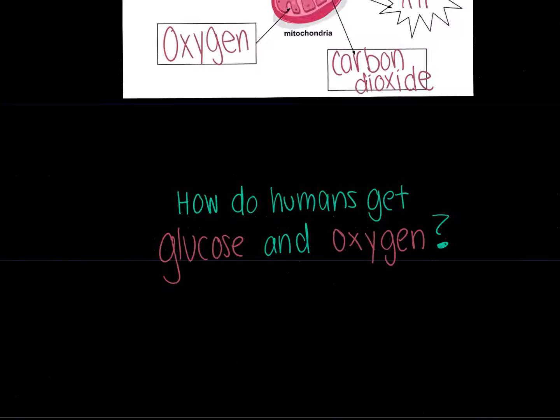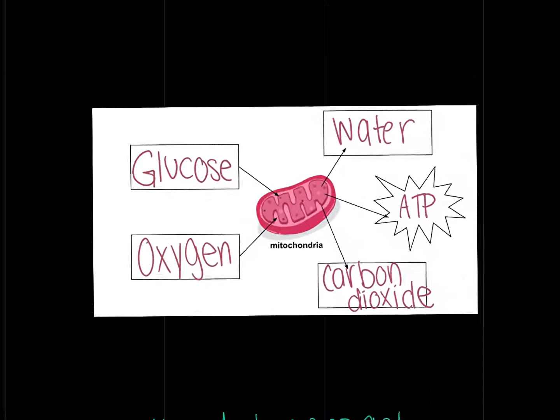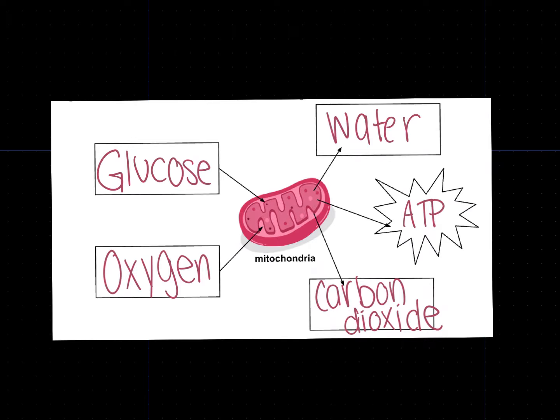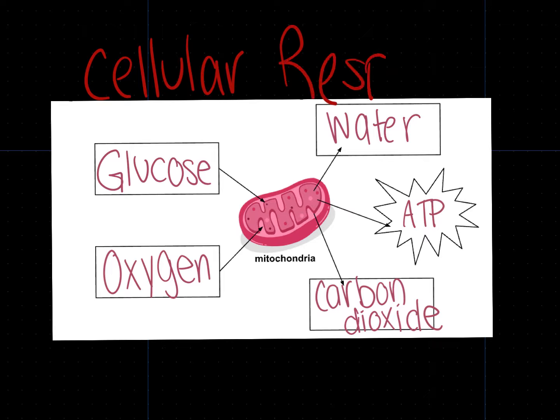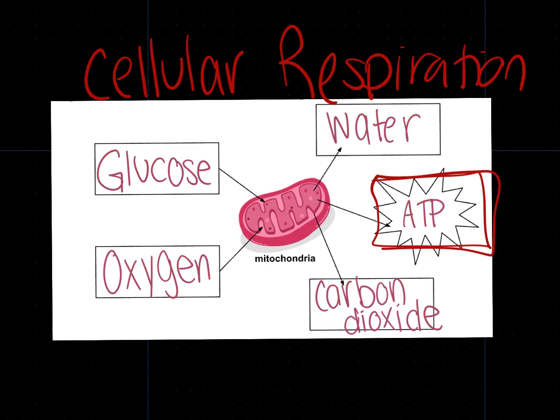Right, so glucose and oxygen are the inputs for this process, which we will remember is called cellular respiration. Just a quick refresher, cellular respiration is the process that creates ATP energy in humans.